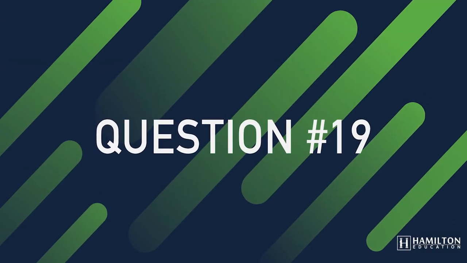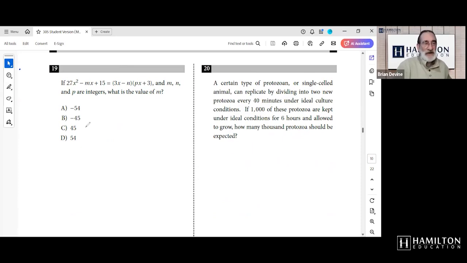Question 19. In question 19, we're told that 27x squared minus mx plus 15 is equal to the product of the quantity 3x minus 9 and px plus n. Now, this is called a comparative equation.